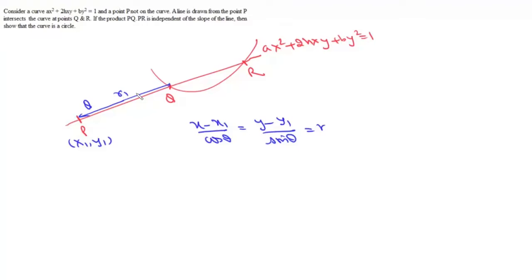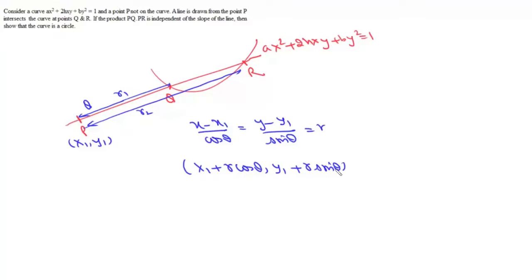Now suppose the distance of Q is r1 and the distance of R is r2. Now any general point, we can write this as x1 plus r cos theta and y1 plus r sin theta.